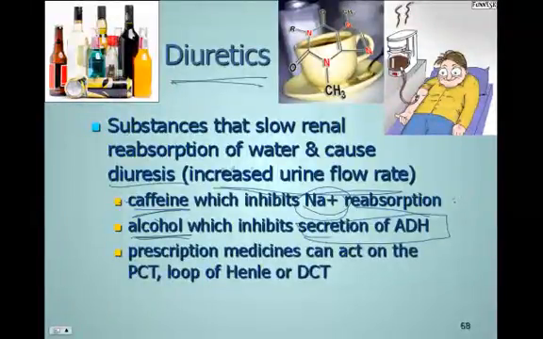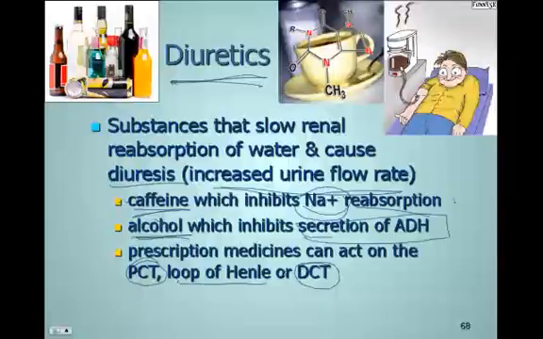And then there are also prescription medications that are prescribed as diuretics. So again, I told you my grandfather was in kidney failure, and he's on a diuretic to help maintain his blood pressure. And so again, that diuretic will act on the proximal convoluted tubule, the loop of Henle, or the distal convoluted tubule, basically to help decrease the water reabsorption.